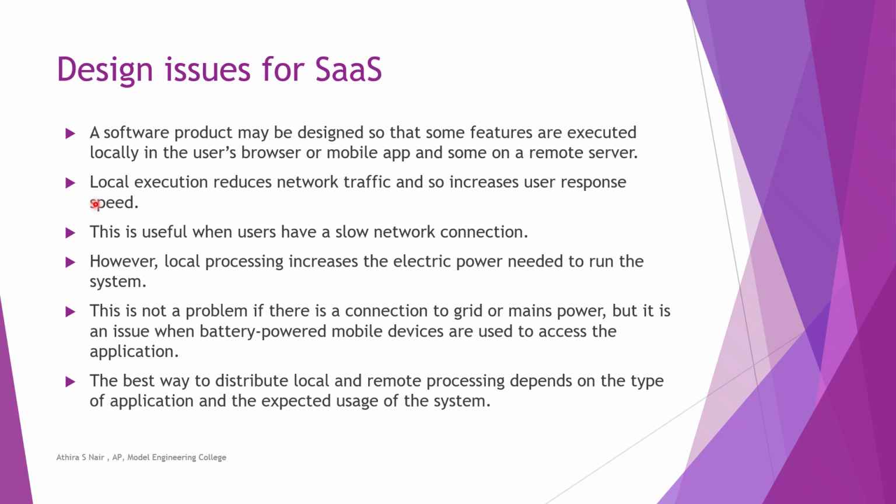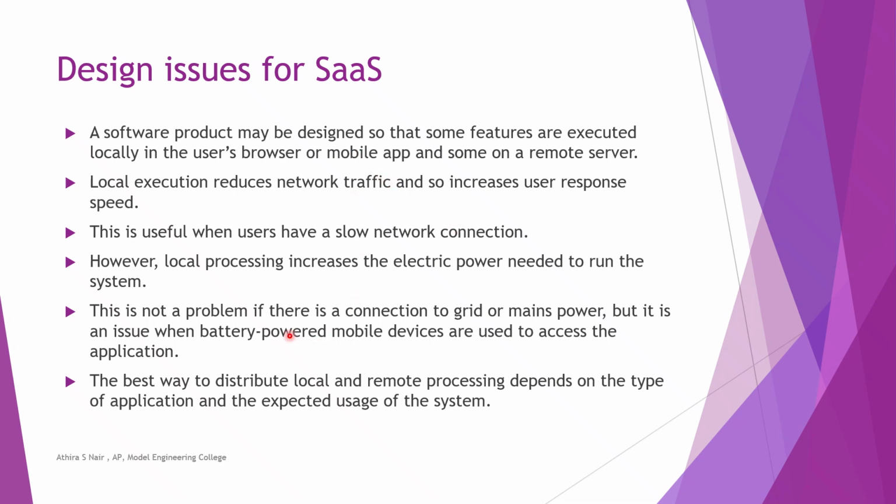A software product may be designed so that some features are executed locally in the user's browser or mobile app and some on a remote server. Local execution reduces the traffic and increases user response speed. So this is useful when users have a slow network connection.